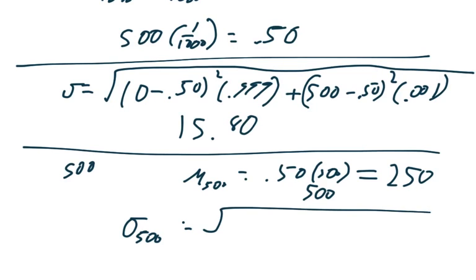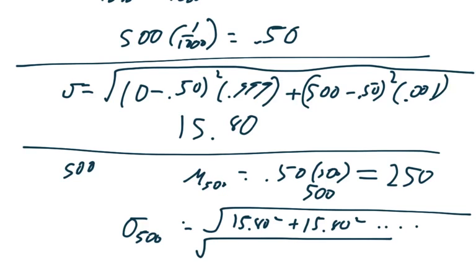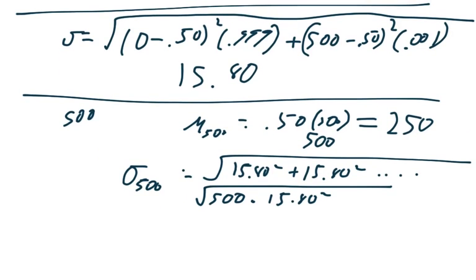Well, it's the square root of 15.80 squared plus 15.80 squared, and I need 500 of them. So it's the square root of 500 times 15.80 squared, which is $353.30.